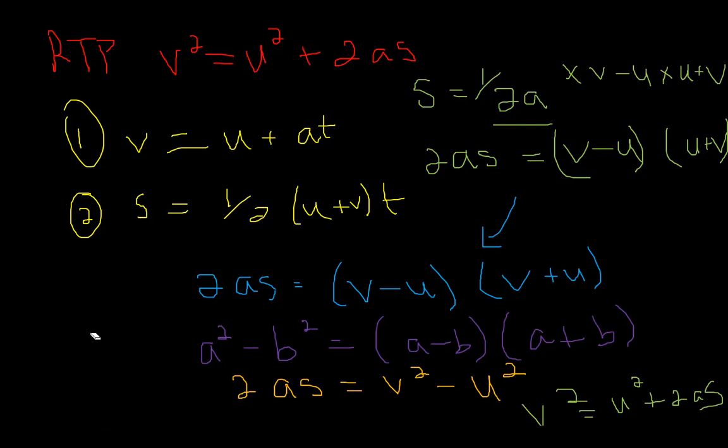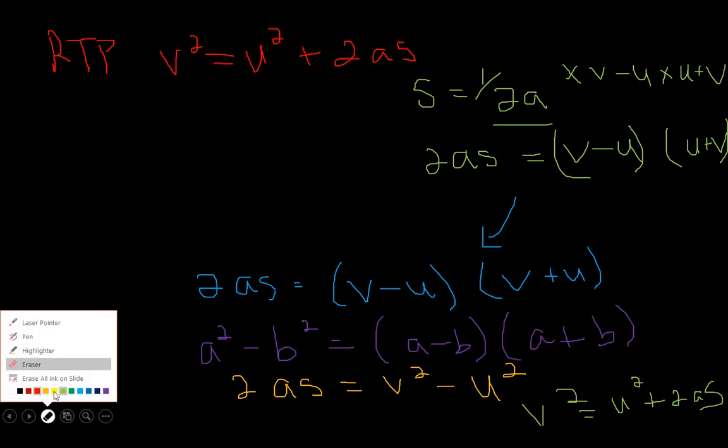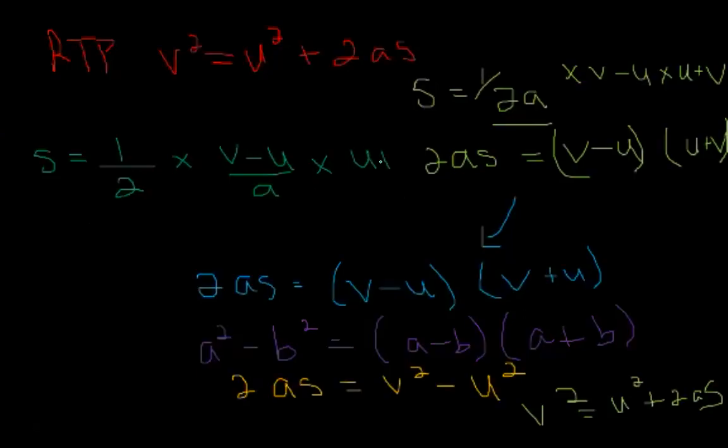Hold on. Yes. I'm erasing this. So in the line before, I had written s is a half multiplied by v minus u on a, multiplied by u plus v.